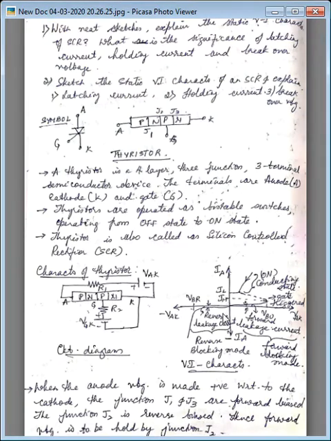Because of that, a very minute current, in microamps, will flow through the circuit, up to the point where the negative VAK reaches the breakdown voltage. Until it reaches the breakdown voltage, it acts as the reverse blocking mode. This area is called the reverse leakage current.